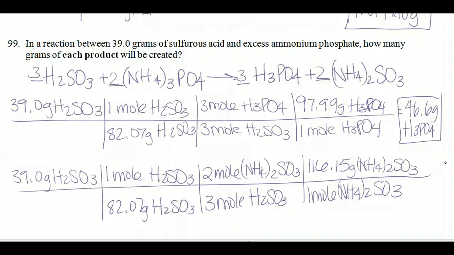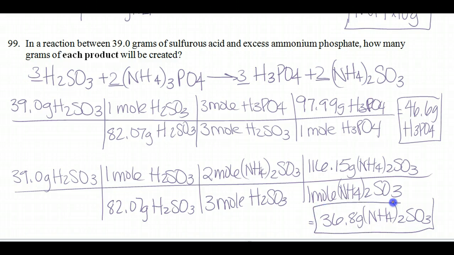Let's see, times 116.5. And we're going to check our sig figs. We only want 3, so that's going to give us 36.8 grams of ammonium sulfite. Okay, so each product, we do those 2 train tracks.